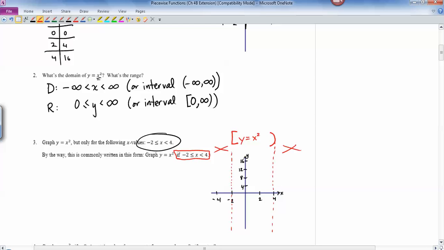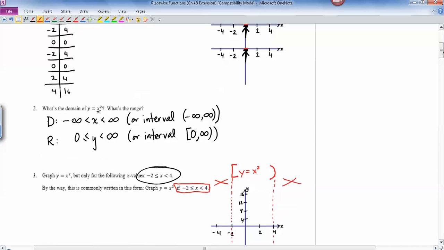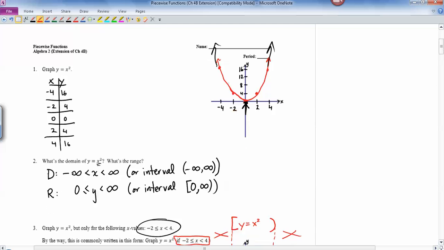So that's why I'm using the bracket on one and the parentheses on the other. But again, that's just my own made-up notation. So it's really just like the parabola that we graphed up here, except that if I only care about from -2 up to 4, I'm going to get rid of this region here and this region over there.